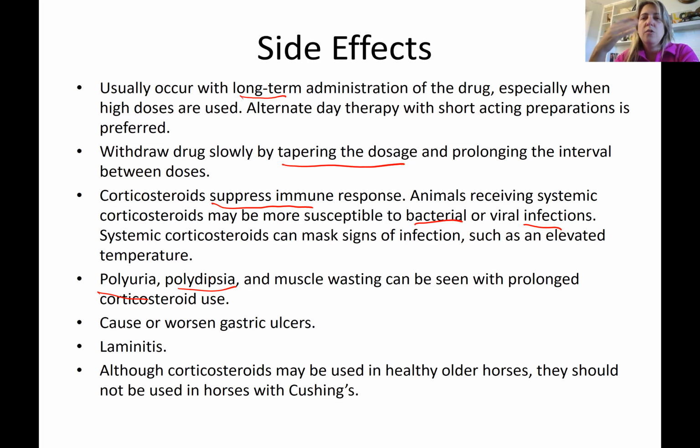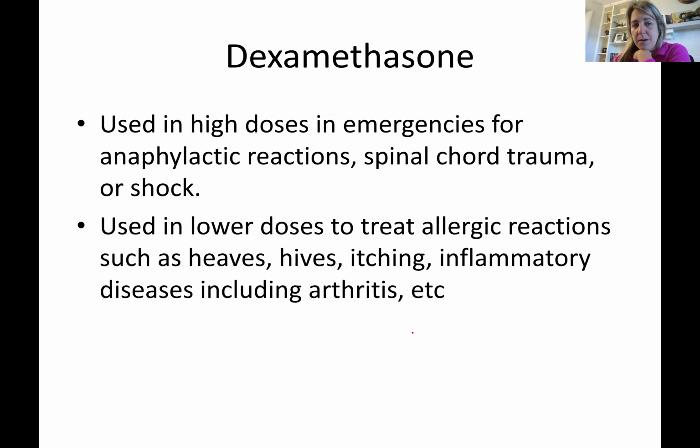These animals are going to be drinking and urinating a lot. Muscle wasting is going to happen. Like all medications that cut off prostaglandins, they can cause or worsen gastric ulcers. Like I said, steroids can lead to laminitis in horses, and they should never be used in animals that have Cushing's because they already have a very high level of cortisol in their blood.